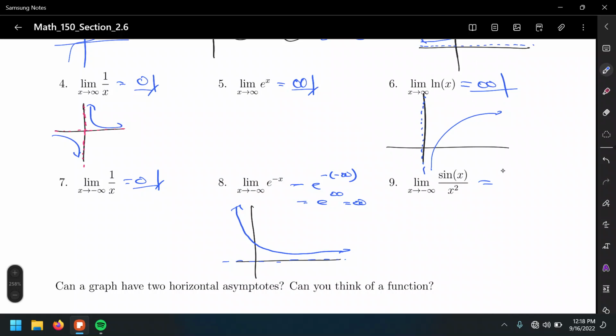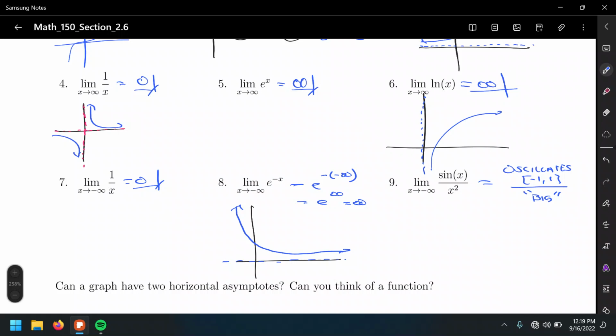Sine oscillates between negative 1 and 1 over a big number, and from here we can further describe two different cases.